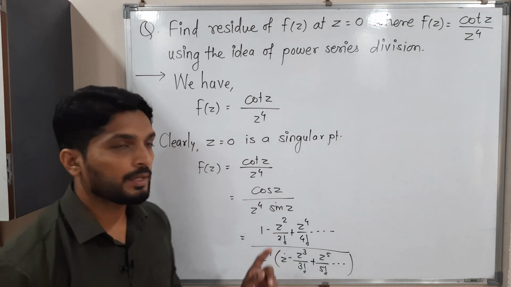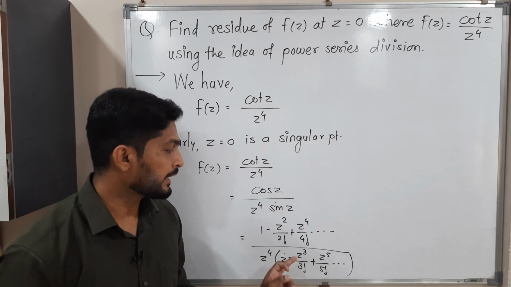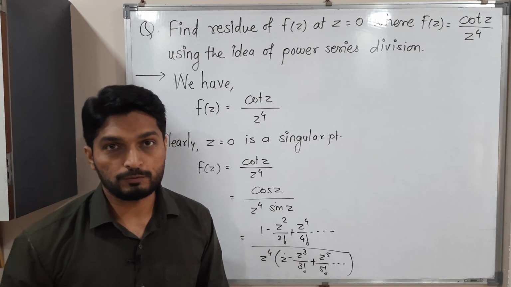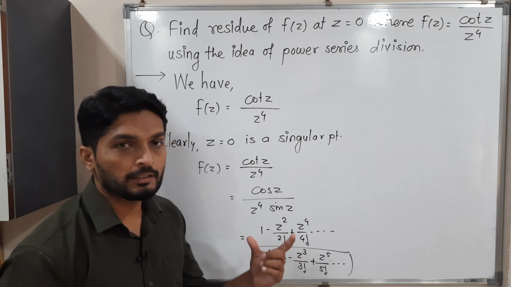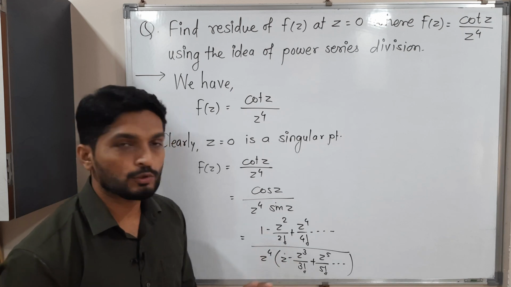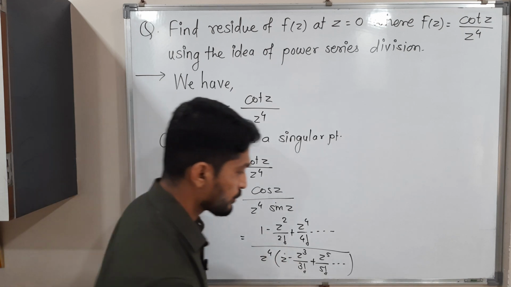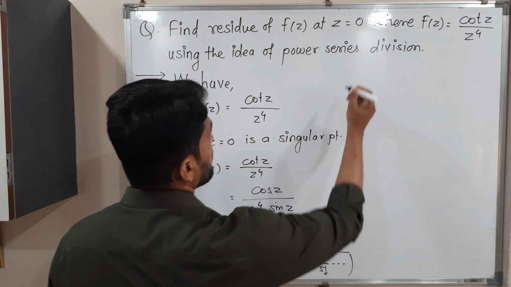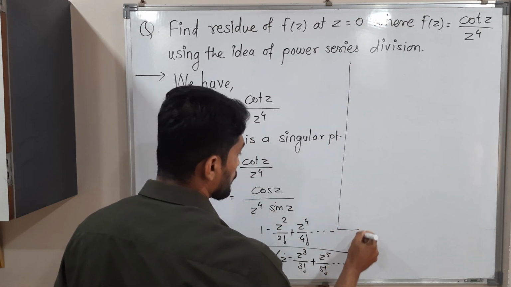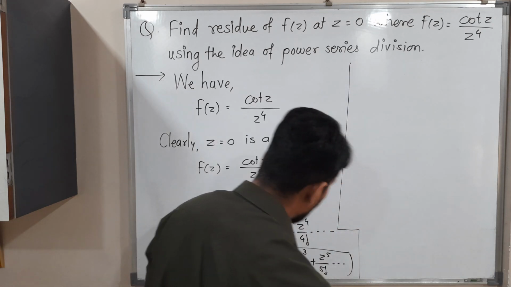In case of cos we have even powers of z, and in case of sine we have odd powers of z. Here we have alternating minus plus signs, and in this case also we have alternating minus plus signs. So let us go further. Let us use this space to solve the remaining part of this problem.